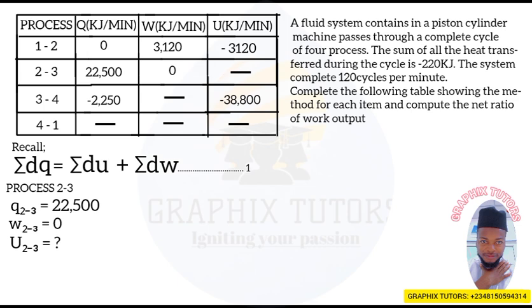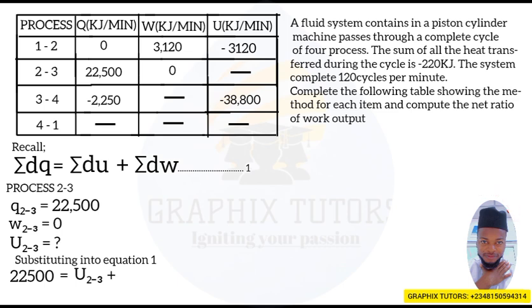So what I will do is I am going to also substitute into equation 1. Recall that Q is equal to dU plus W. That's my equation 1 here. So what I'm going to do here is the Q is given to be 22,500, equals U2 to 3, which is unknown, plus W2 to 3, that is the work done between state 2 to 3, which is 0.